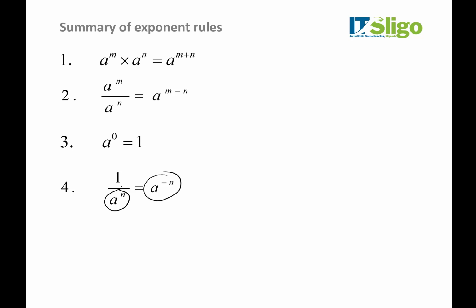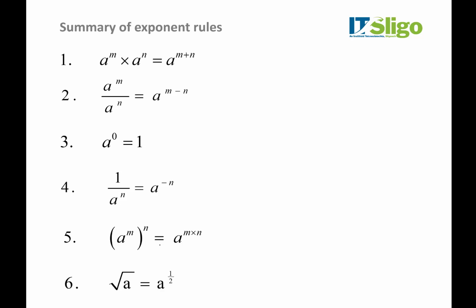What I used to always say is if the power is below the line, bring it up and change the sign. Now we look at examples involving these, and we will definitely be encountering all these rules in the coming weeks. Rule 5, if an exponent is raised to another power, then we multiply the powers.